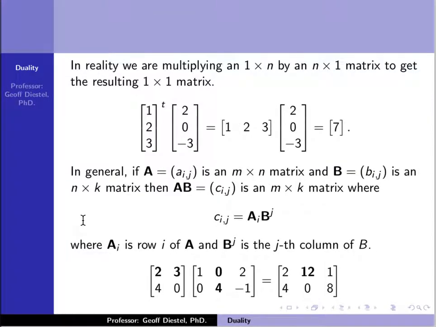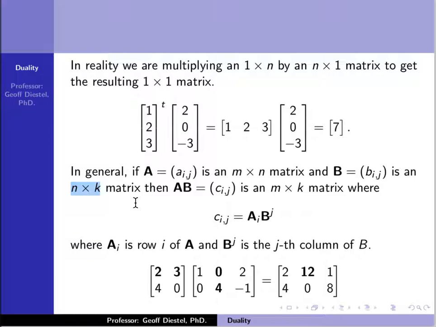In general terms, if you want to multiply two matrices, A times B, the order does matter. Because if A is an m by n matrix, and you want to multiply it by B on the right, then B has to be an n by something matrix. In this case, I'll put k. So the number of columns of the first matrix has to match the number of rows of the second matrix.